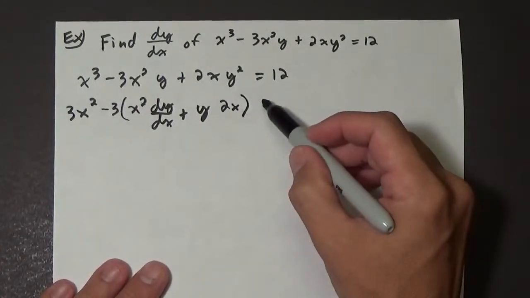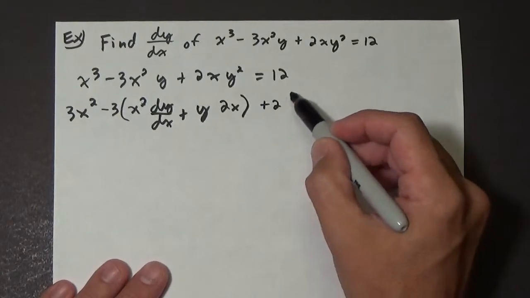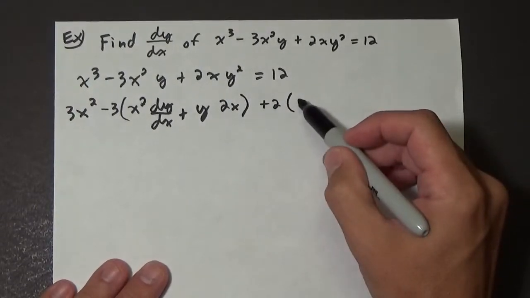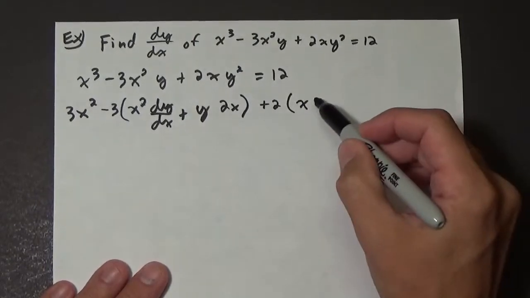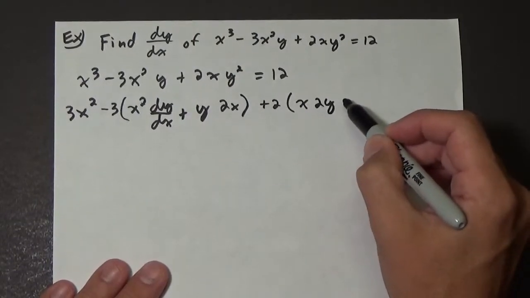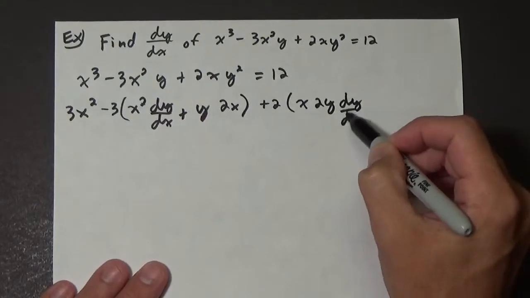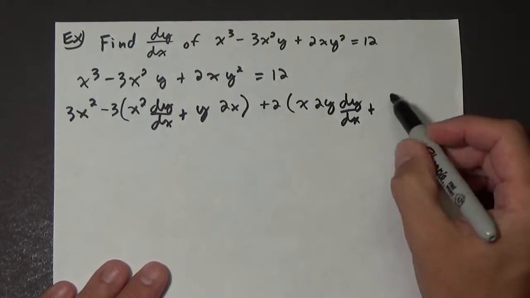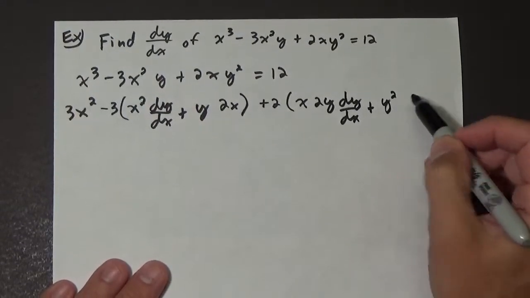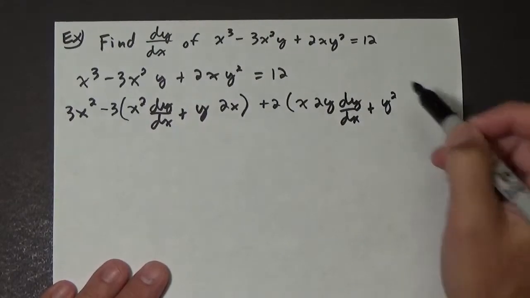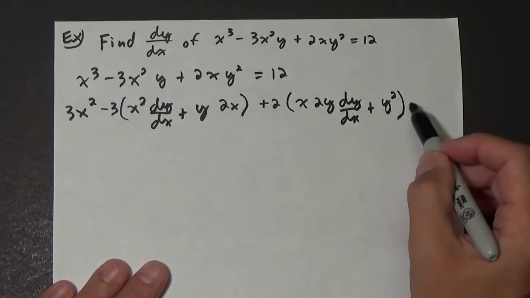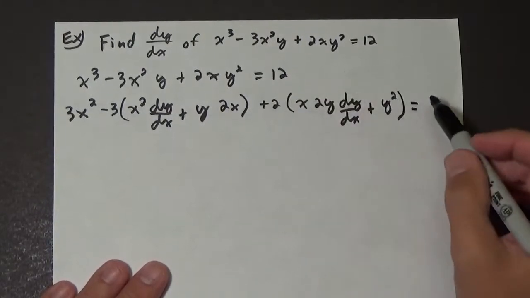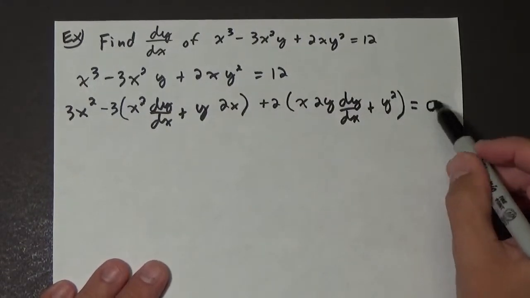Now we have the same thing again, so I'm going to put a plus 2 times, and I have a product rule, so we have the first times the derivative of the second, which is 2y dy/dx, plus the second times the derivative of the first, which is just 1. And then we take the derivative of 12, and that is 0.